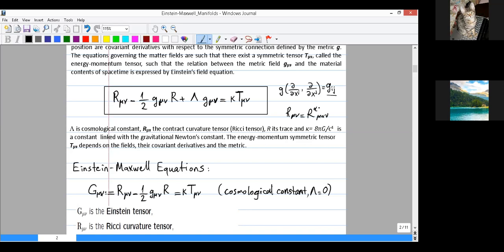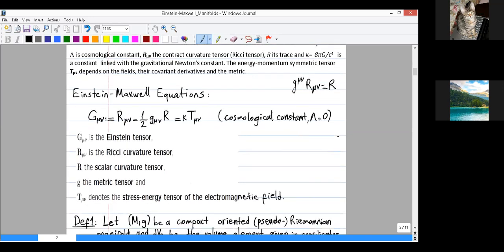And R is its trace, G mu nu R, the scalar curvature. And kappa is a constant linked with the gravitational Newton's constant. The energy momentum symmetric tensor depends on the fields, their covariant derivatives, and the metric. These fields are matter fields.